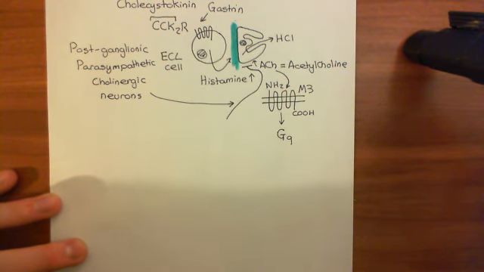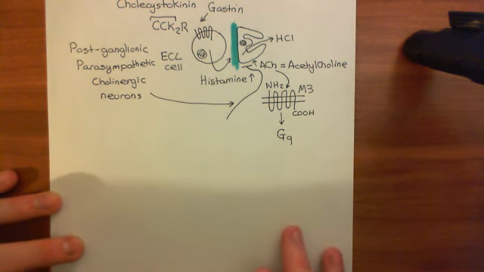Now, inositol 1,4,5-trisphosphate molecules will act on IP3 receptors within the ER membrane and cause the release of calcium from the intracellular stores. This calcium, along with the diacylglycerol molecules, will then activate protein kinase C, and protein kinase C will do the same thing as protein kinase A. It will phosphorylate the proton potassium ATPase proteins and increase the secretion of hydrochloric acid by increasing the activity of that protein, which drives the whole secretion of hydrochloric acid.